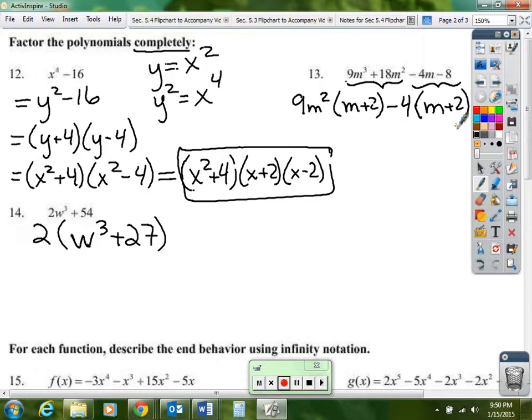Factoring out the m plus 2, please note that the m plus 2 is in common to both terms. We have a first term at the beginning, and we have a second term at the end. M plus 2 is in both. What remains when we take out the m plus 2 is 9m squared and a minus 4.